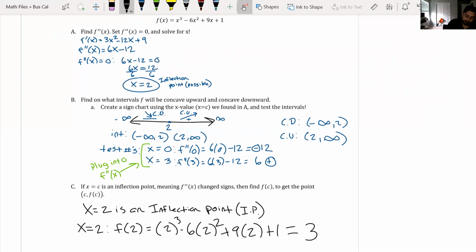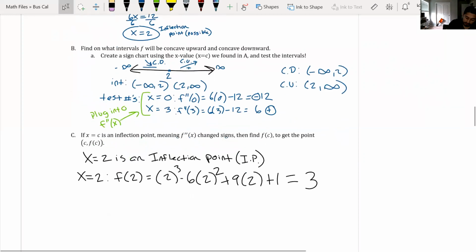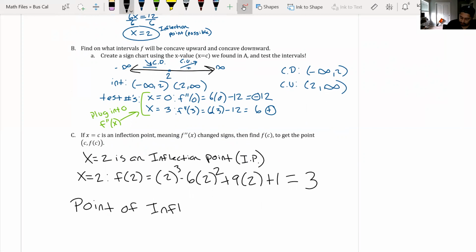This means that my point of inflection is (2, 3).